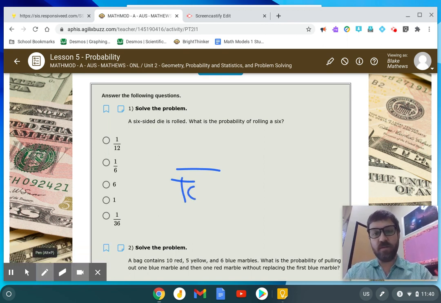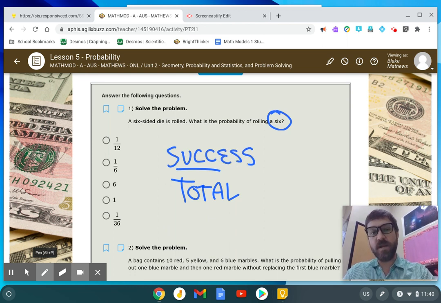So again, the bottom is the total, and the top, in this case, is how many of them are a 6. So this is what we call the success. So what is the probability? How many of the options are successful options? And how many of the options are there in total?